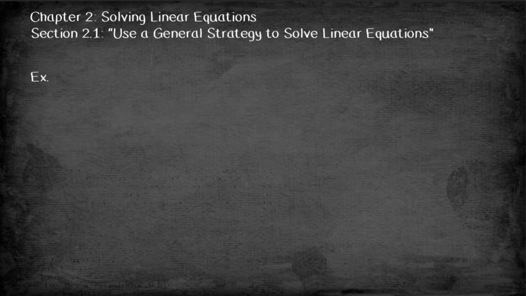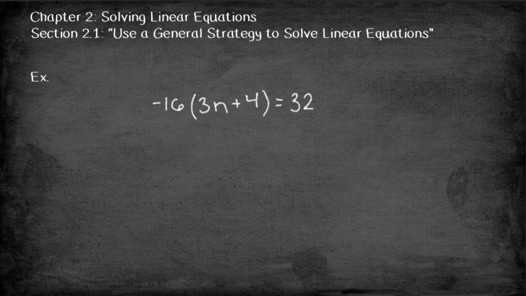So for some examples, we have negative 16 times 3n plus 4 equals 32. First step is always to simplify both sides of the equation. And I can simplify something that has a variable in it, like this, by applying the distributive property.